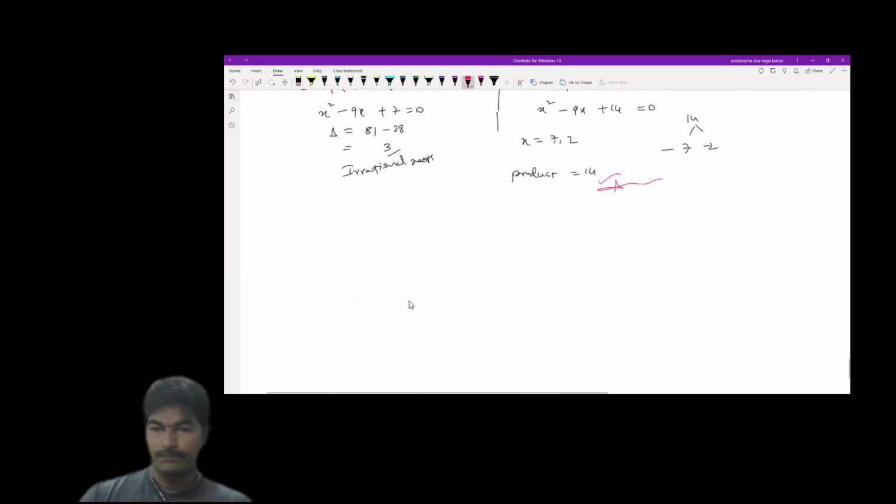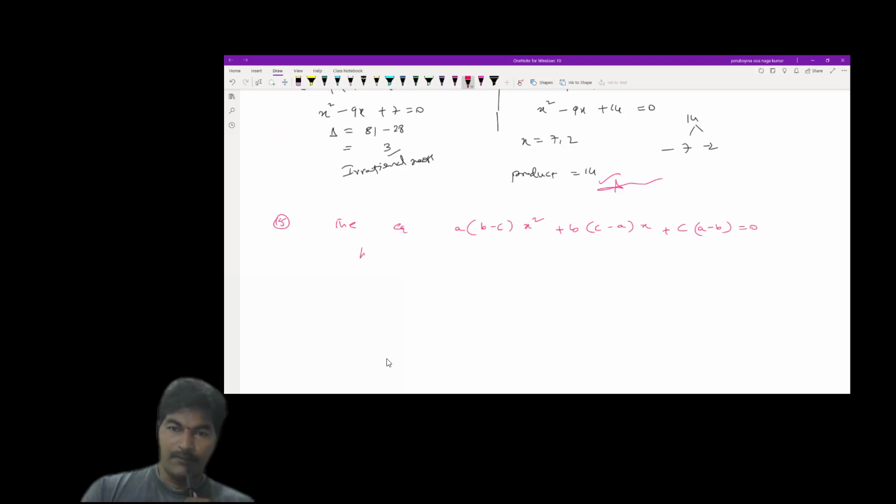Next, fifth question. The equation a(b minus c)x square plus b(c minus a)x plus c(a minus b) equal to 0 has equal roots, where a plus c is equal to 15 and b equal to 36 upon 5.